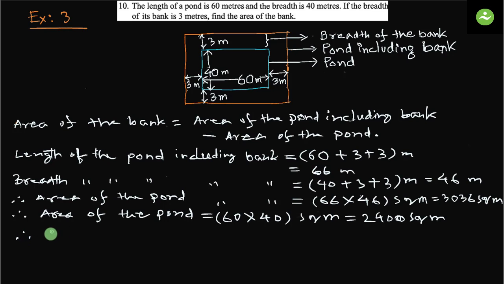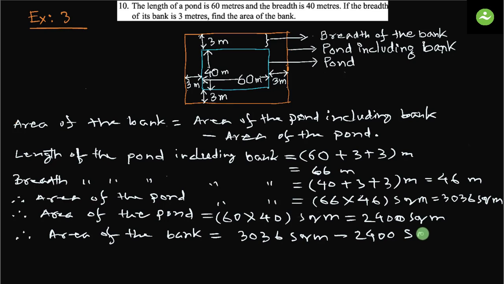Therefore, area of the bank equals to 3036 square meter minus 2400 square meter equals to 636 square meter.